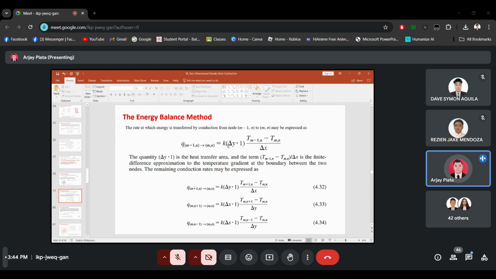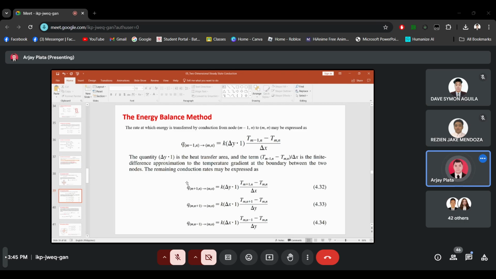So that's why we have delta y times 1 here. The delta T is Tm minus 1n minus Tmn over delta x. Okay, so that's it. So we already have the formula for Qm minus 1n.